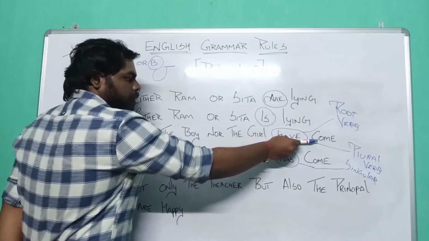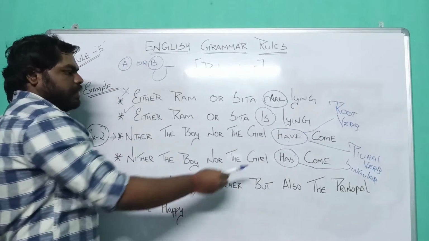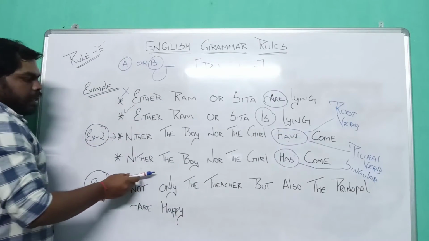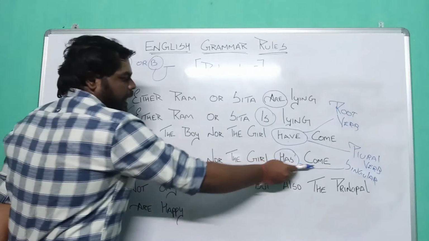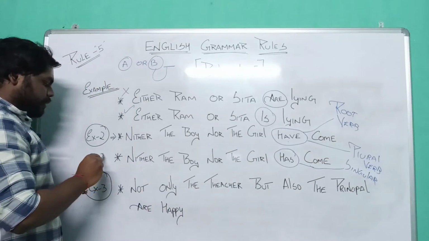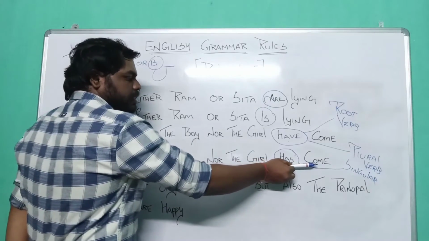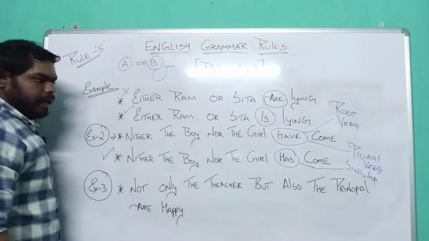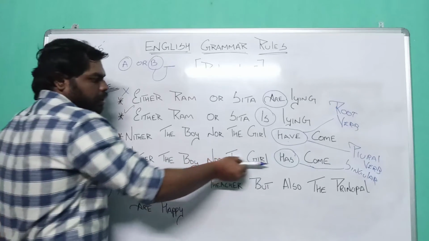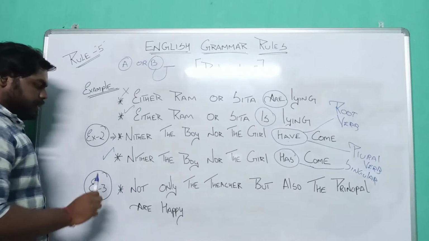So the right form of the sentence is: neither the boy nor the girl has come, because the nearest subject is singular. So we should use a singular form of verb, right? Neither the boy nor the girl has come is the correct sentence.